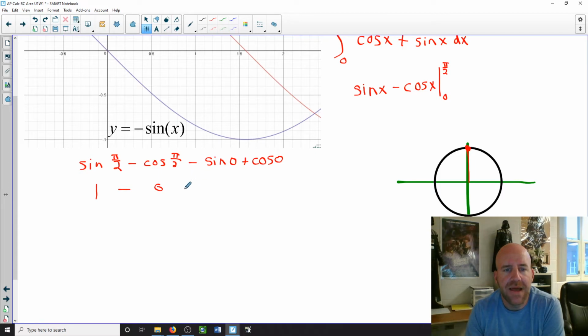And then we have a minus sine of 0, so 0 radians. Now we're over here, this coordinate. This is still length 1, radius of 1. So the x value over here is going to be a 1, and then the y value, oops, I have that backwards. X value is 1, y value is 0.